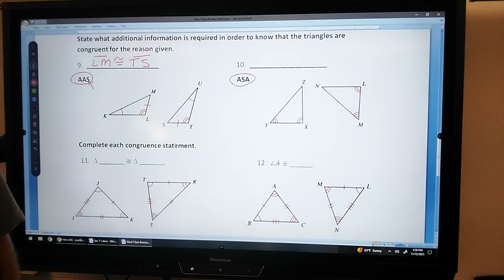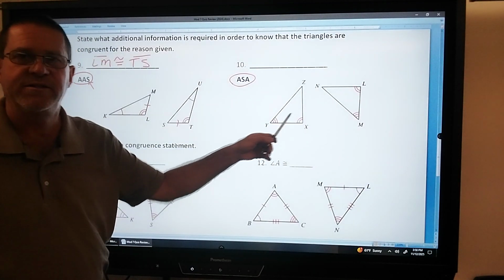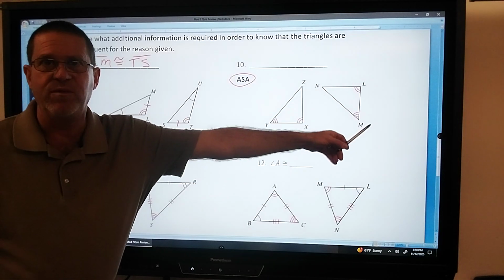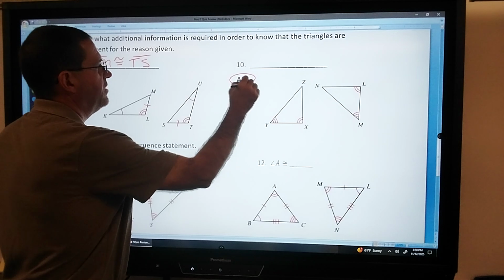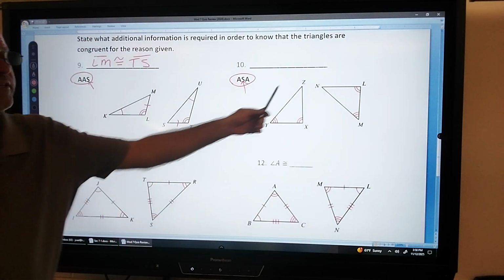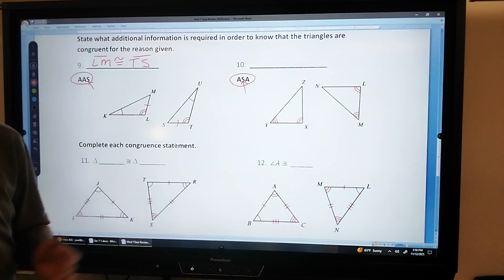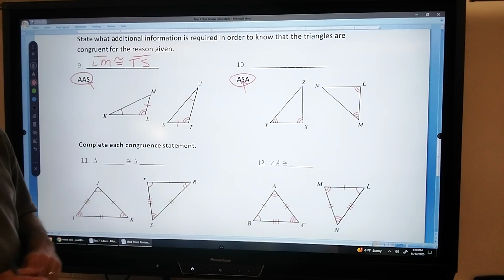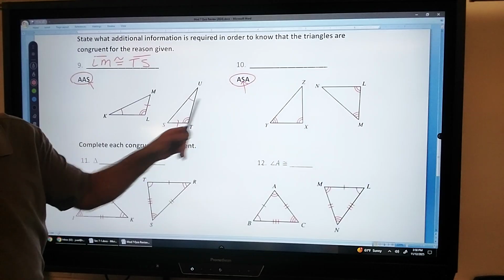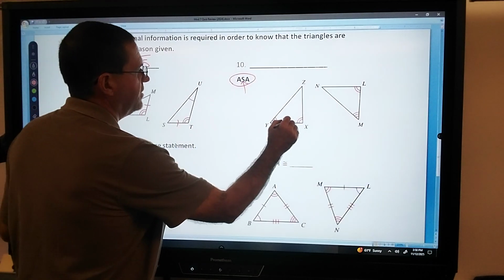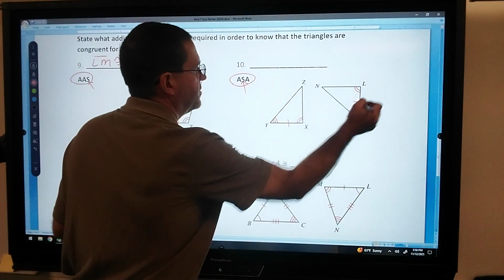angle, side, angle. I take a look at the drawing. I see what has already been marked. I see what is missing, and it looks like I'm missing a side. I don't have any slashes on here, so I'm missing a side. The side must be in between the 2 angles. So it looks like I am missing this one, and I'm missing that one.